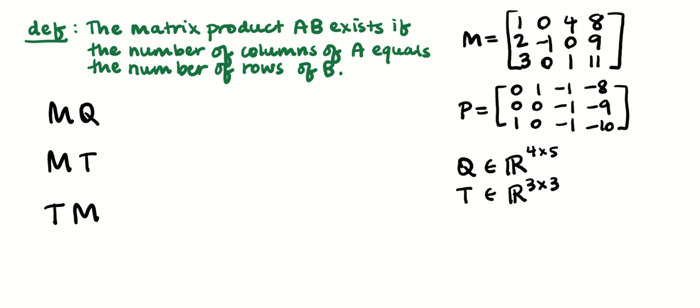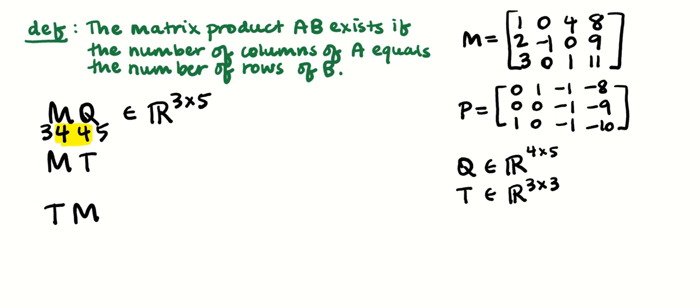And so what you do is you copy the dimensions of M right below it, and then we copy the dimensions of Q right below that. Now, since we write it rows by columns, and the columns of the one on the left need to equal the number of rows of the one on the right, if these two numbers are the same, then the product is well defined. Also, the dimensions of the product are the other two numbers. So MQ is a 3 by 5 matrix.